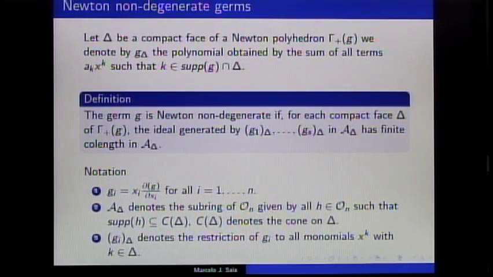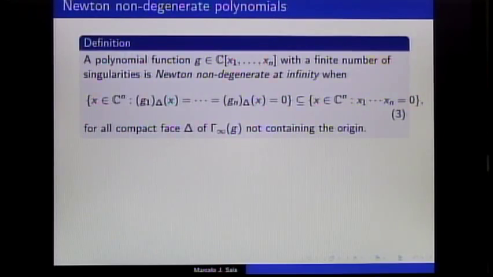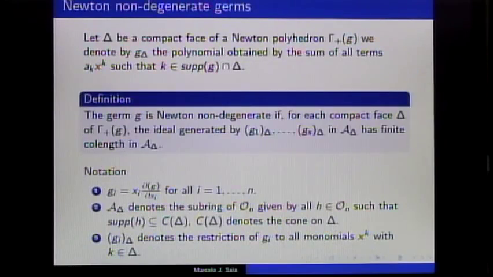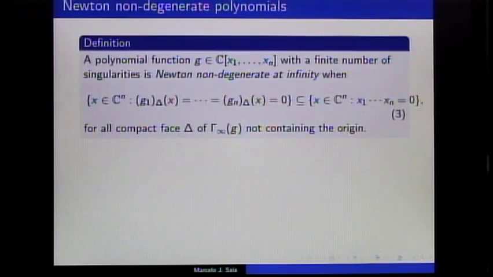This is the same g_i here. Restricted to the compact faces, the zero set of these polynomials is contained in this set. This is quite an analogous definition to this one, but here I put it in the algebraic way and here in the geometric way.